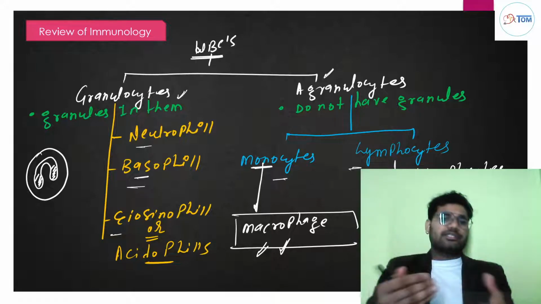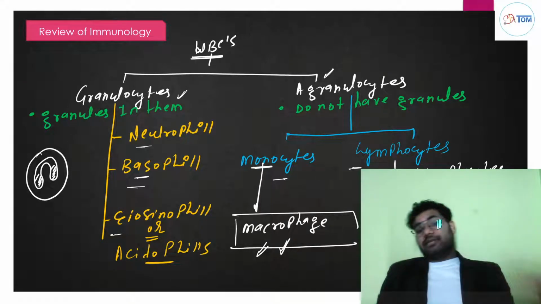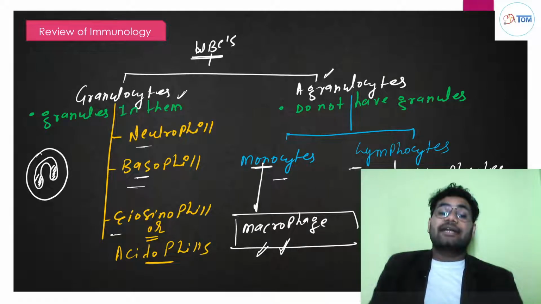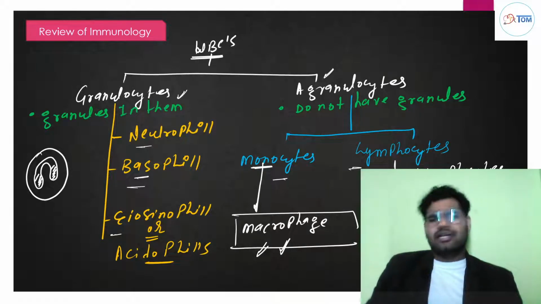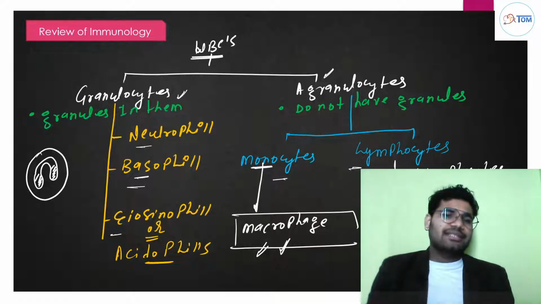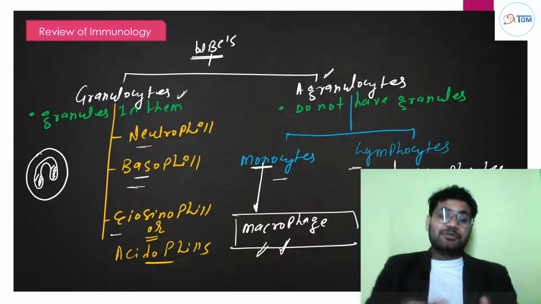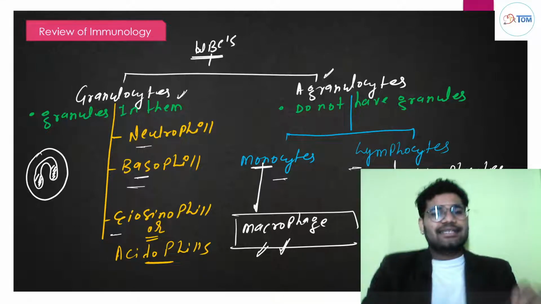There are scientists who believe they are two things. Research is still going on, and if I come to know something new by the time we start mast cells or basophils, I'll discuss it then. I'll also keep researching. So that is the type of WBCs.